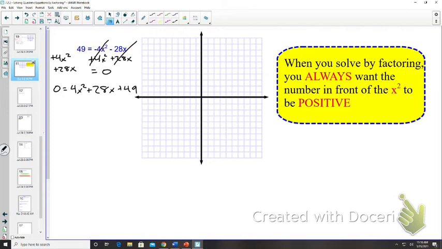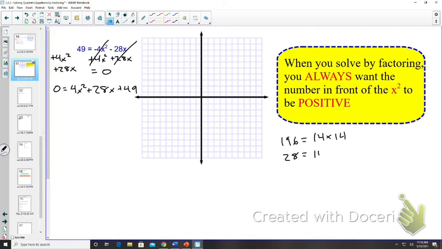What is going to multiply to give us a product of 196 and a sum of 28? I'll tell you guys, you aren't going to get one that's this difficult for a quiz. 15 and 13? You're really close. 14 and 16.